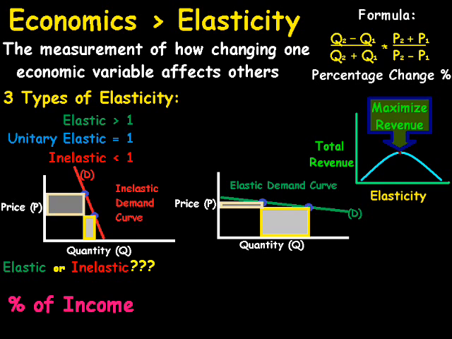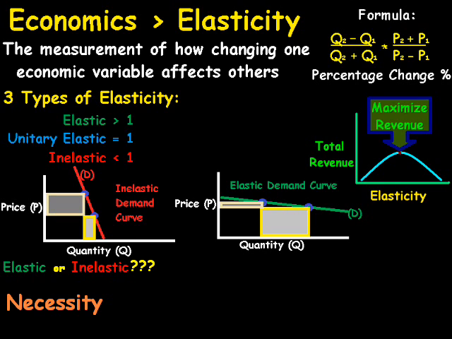Now, let's look at percentage of income. With the percentage of income, the higher the percentage of income, the more elastic demand is, because consumers only have so much income, so they can only budget so much. Now, going back to the hospital example, we have necessity.